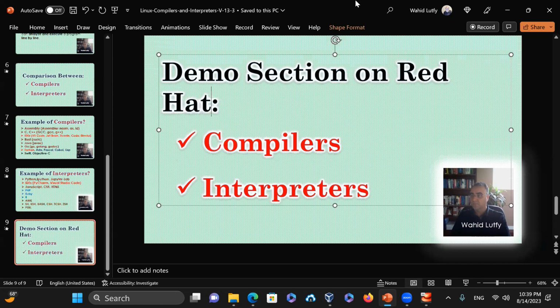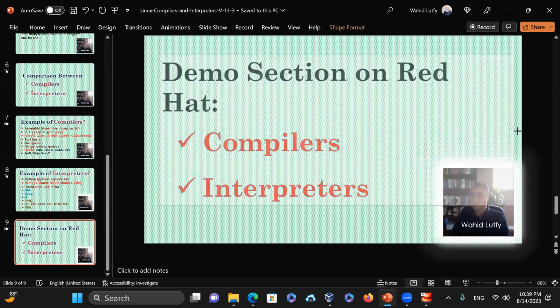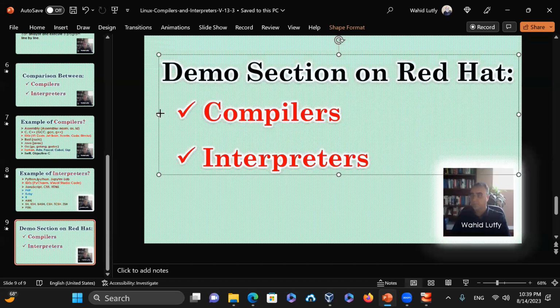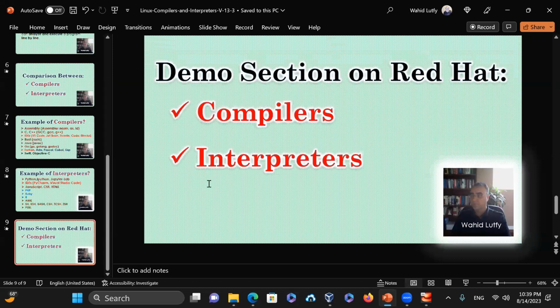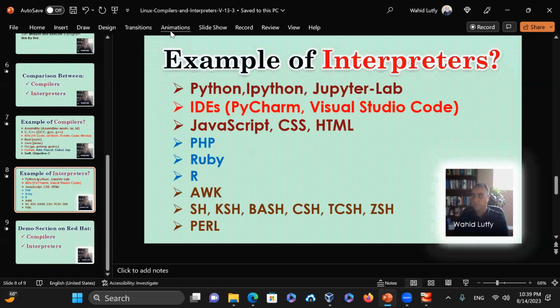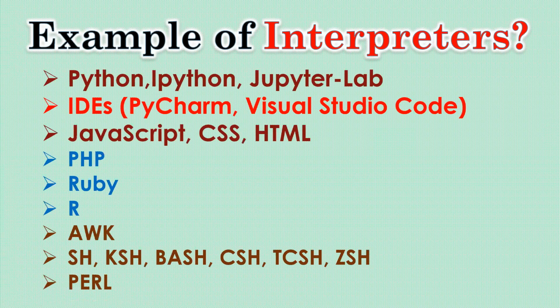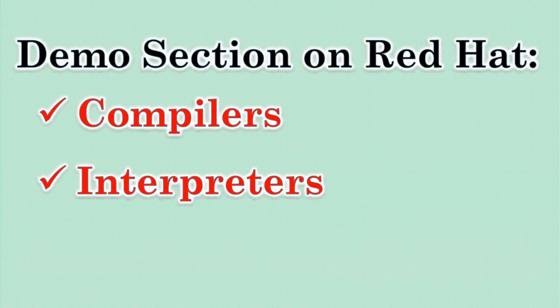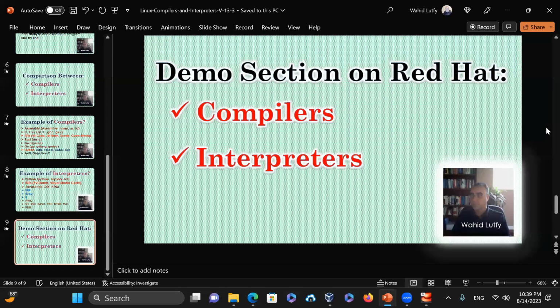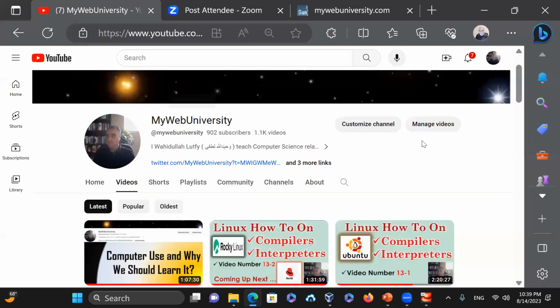And then I'm gonna size this one a little bit bigger so it fits on one side here, and then save this one, and then come back here and say slide, and then we save from current one. So this is what we covered, the interpreters, and then we said we're gonna go to the demo section on Red Hat. So just correcting that one, we're gonna go on Red Hat, compilers and interpreters, and let me show you the Red Hat server.